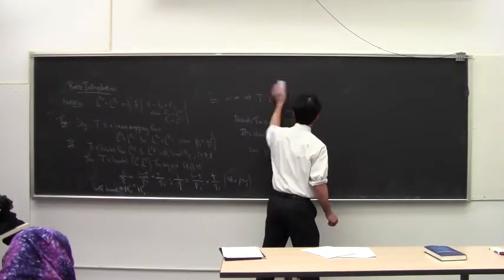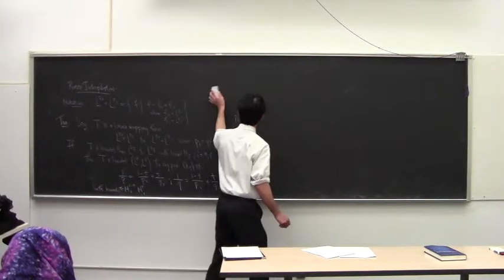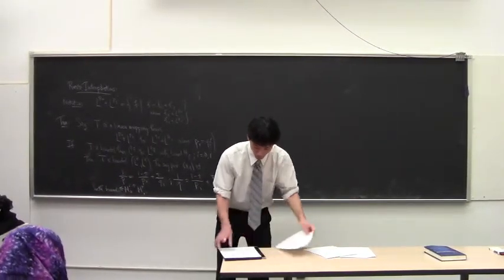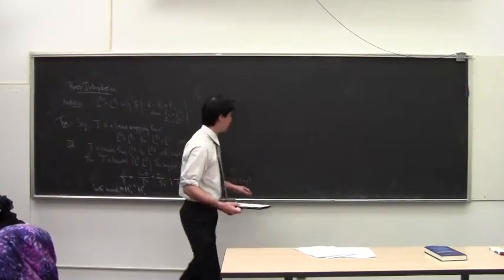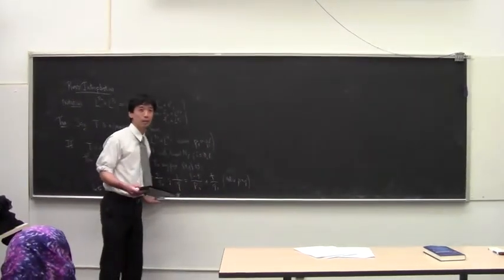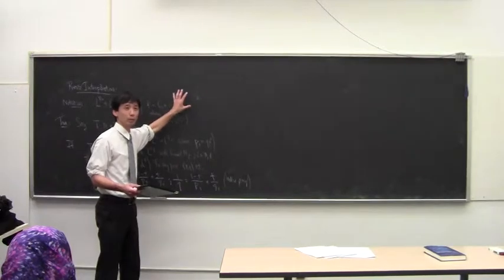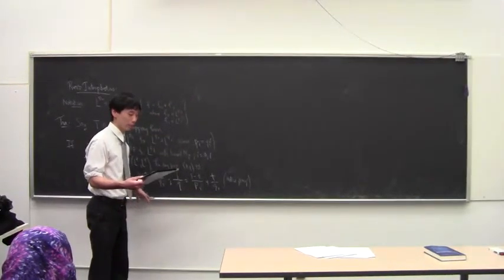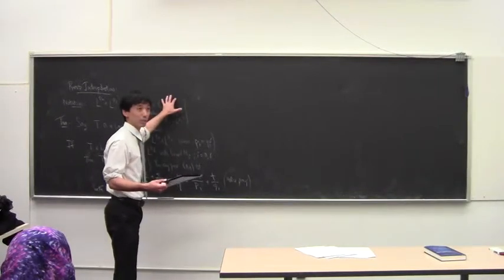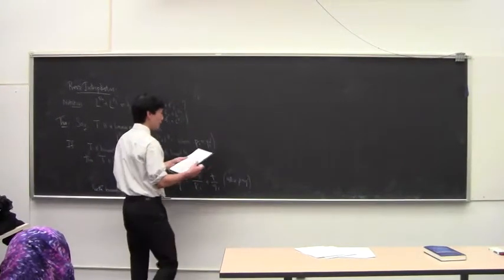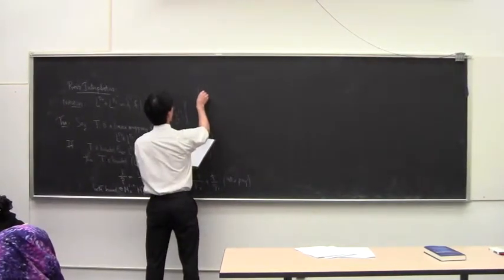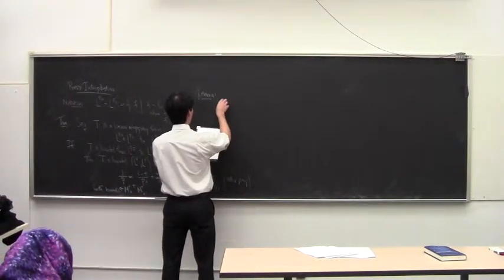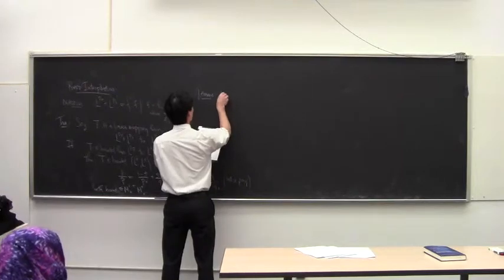So let's get to it. Now the proof of this relies on a lemma from complex analysis. I'm just going to state the lemma and then we'll use it, since some of you haven't seen complex analysis. So here it is.